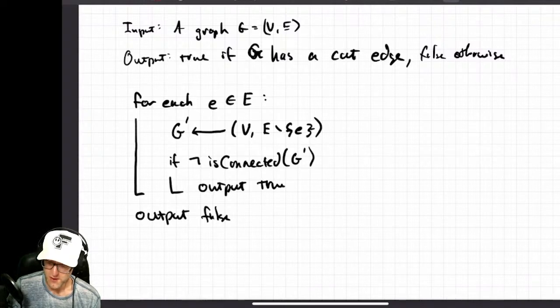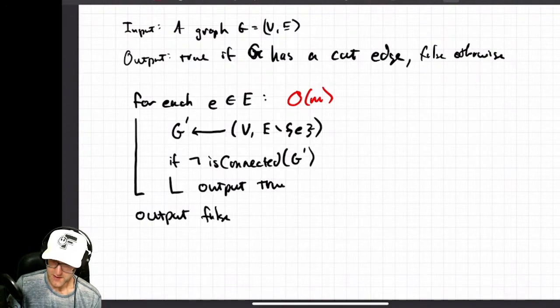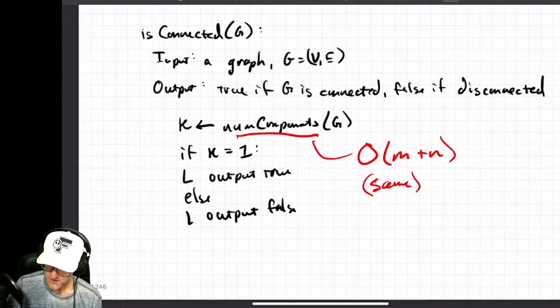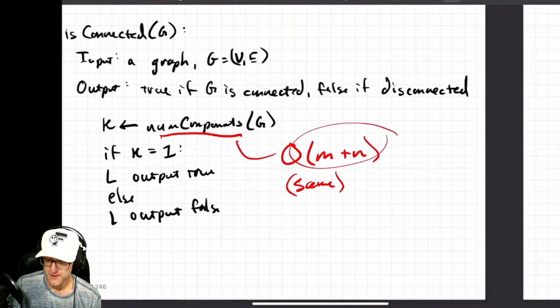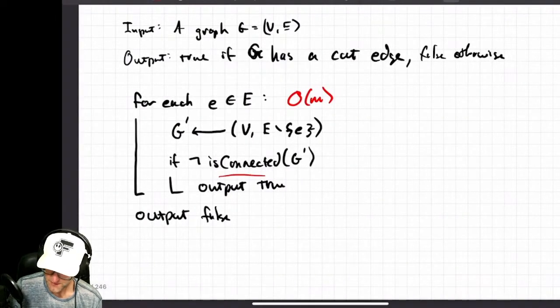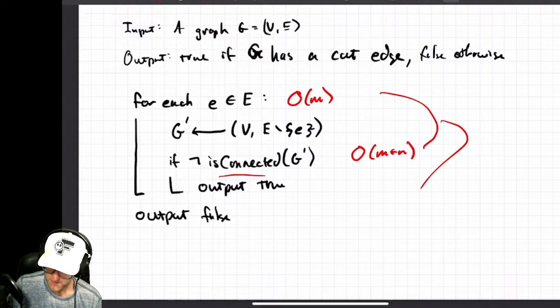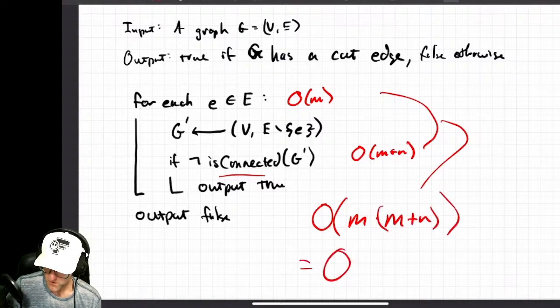Okay. So again, what's the complexity of this? Well, you do have to be careful here, because this loop is order M, and it calls is connected as a subroutine, which we've already said is order M plus N. So all in all, it's going to end up being order M times M plus N, or order M squared.